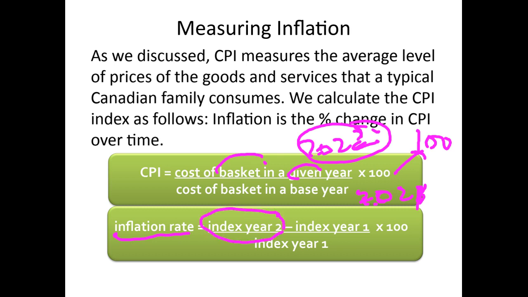So consumer price index in year 2 minus consumer price index in year 1, times 100, divided by consumer price index in year 1. So this year 1 must match, and you can calculate the inflation rate. So go through those practice questions, and I've asked several questions to calculate inflation rate.